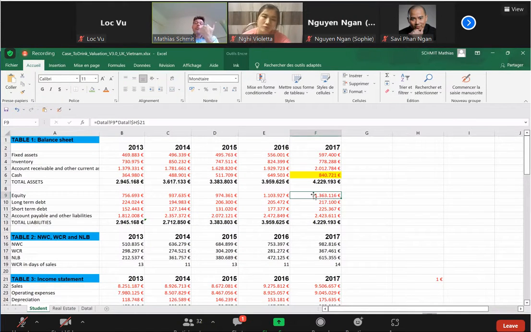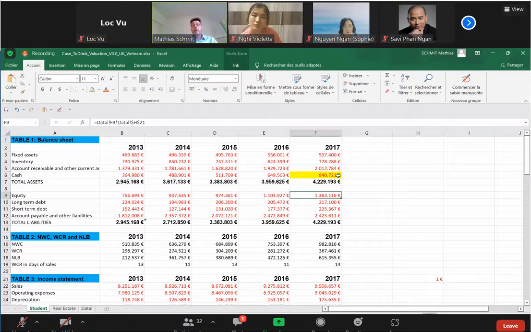But I think it's not a good way to do it. You have to understand where the value comes from, and it comes from your ability to generate future cash flows.